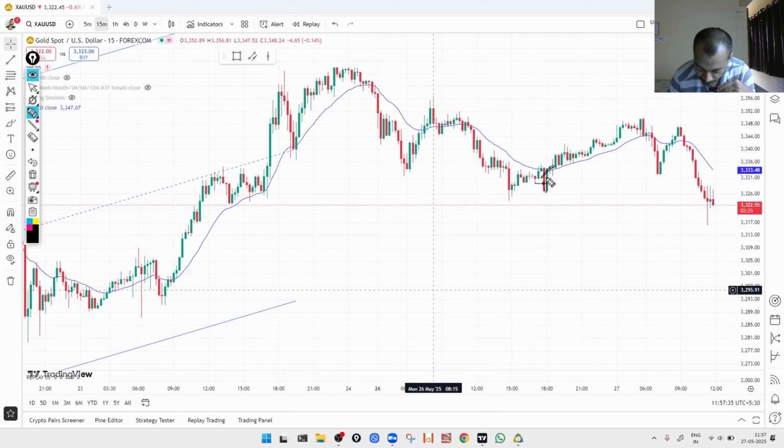Then in the next candle, this is a bullish engulfing pattern. If you guys are not familiar, a bullish engulfing pattern is where one candle totally engulfs the other candle. And here a red candle is engulfed by a green candle, so it is a bullish engulfing pattern.